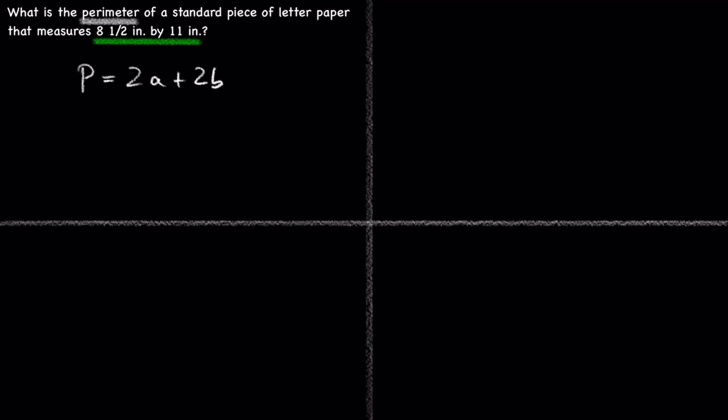One side of the paper is 8½, which is 8.5, and the other side of the paper is 11. So we get 2 times 8.5 plus 2 times 11. 2 times 8.5 is 17 and 2 times 11 is 22. 17 plus 22 is 39. So the perimeter of a standard piece of letter paper is 39 inches.